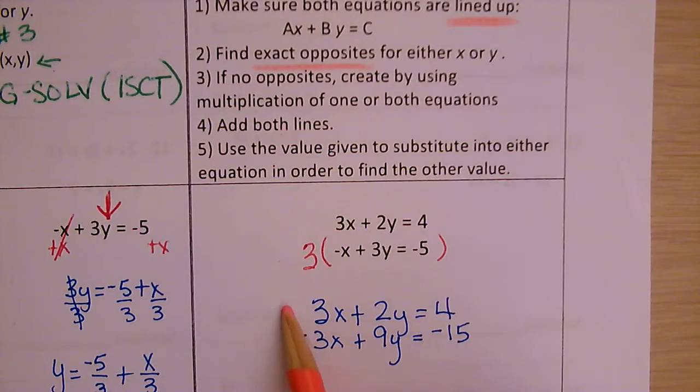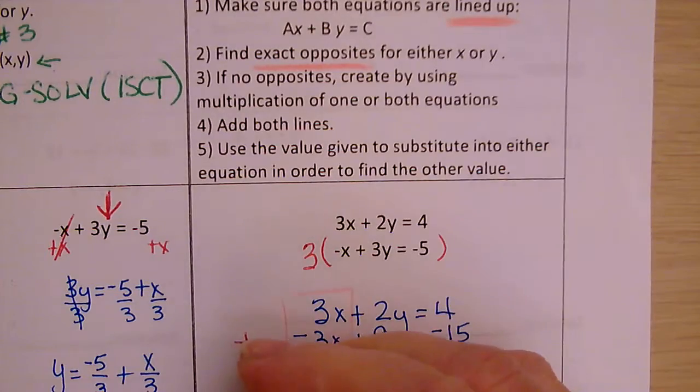Now what I wanted to happen is right there. I wanted to create opposites that were the same number, except one is positive and one is negative, and that's what just happened. So now what I can do is go ahead and add both lines.